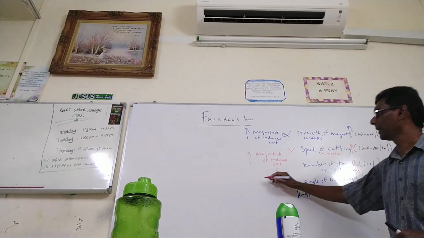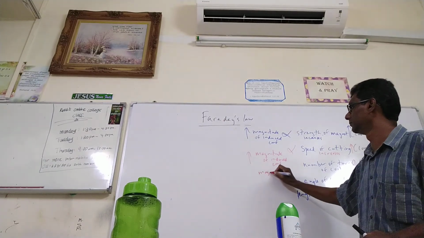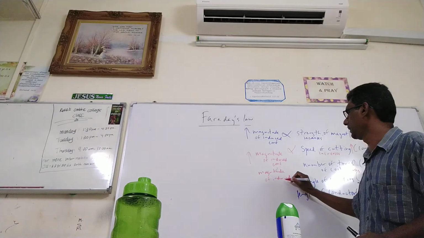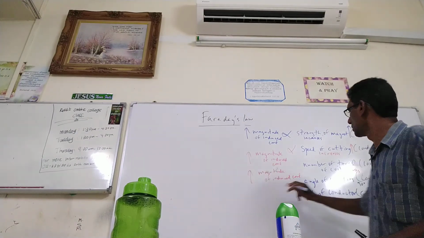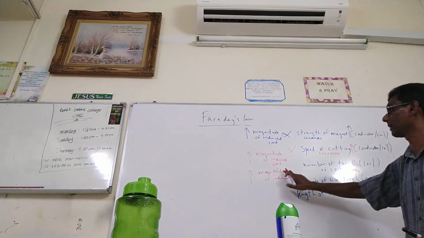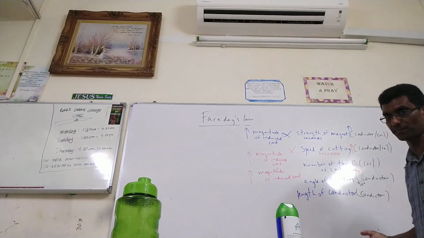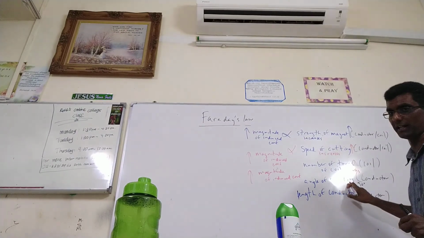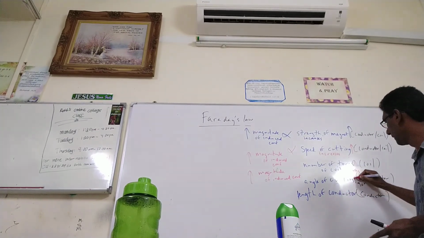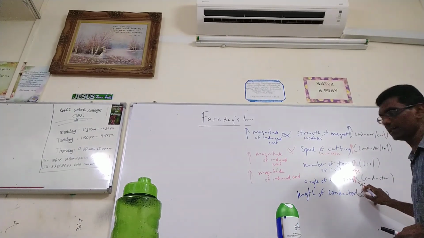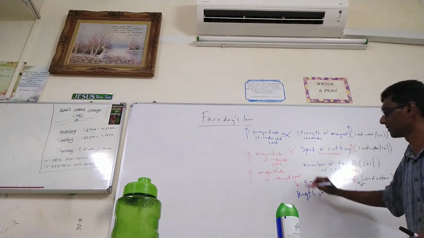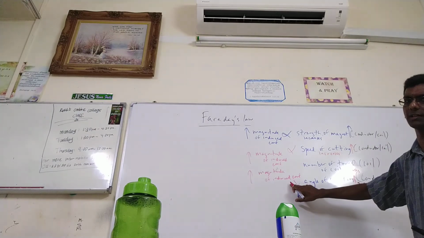So when the number of turns of coil increases, the magnitude of induced EMF also increases. And angle of cutting, 90 degrees cutting, increases the magnitude of induced EMF also.